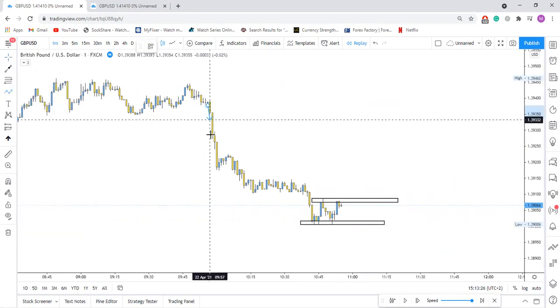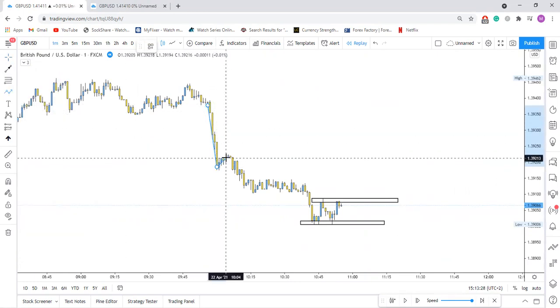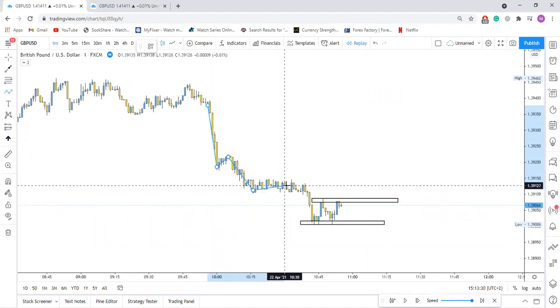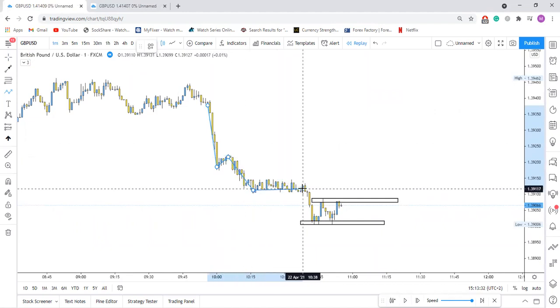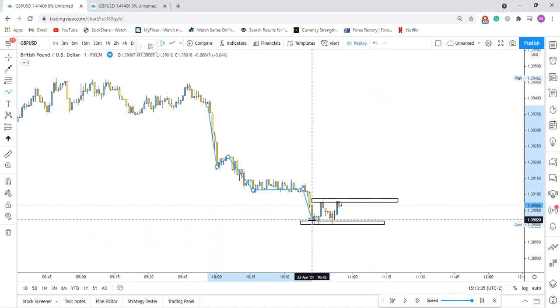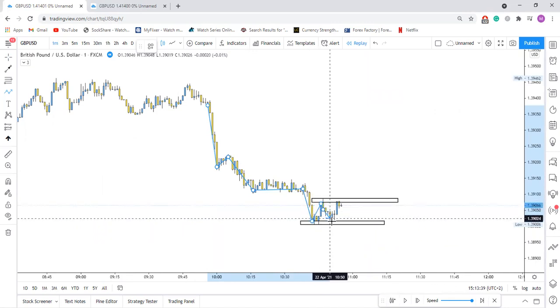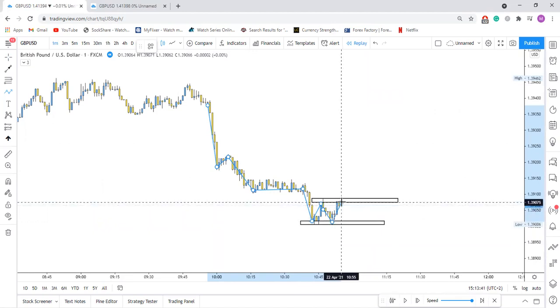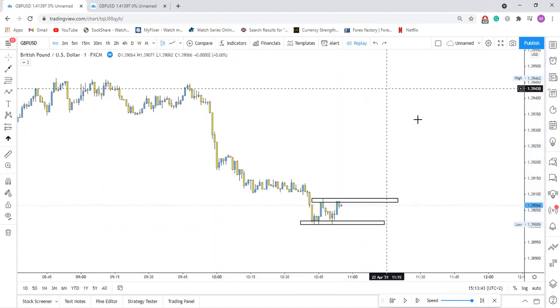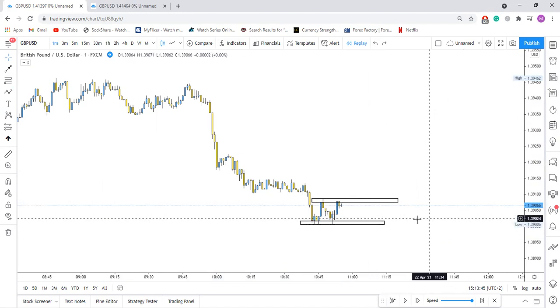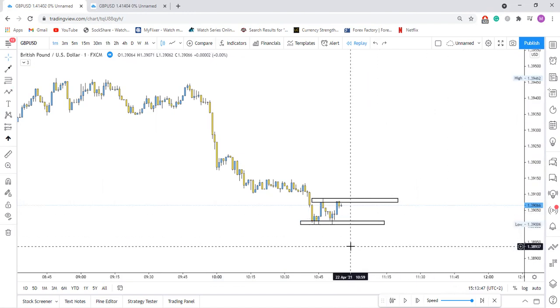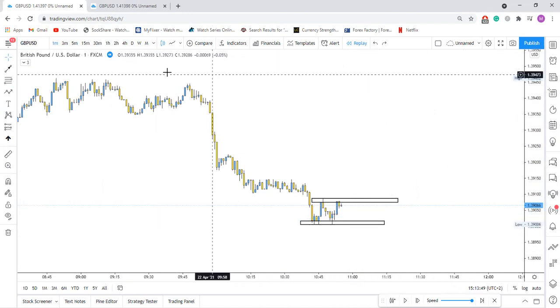So this is very impulsive, right? And what this is right here is very corrective. And then we have impulse. And now something like that. Okay. We're so close to the end of this session, I probably wouldn't trade it.